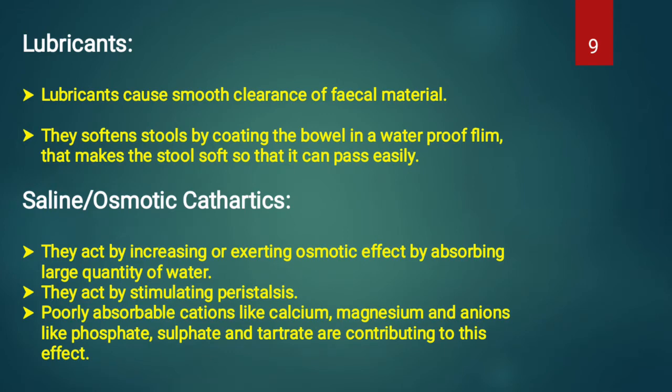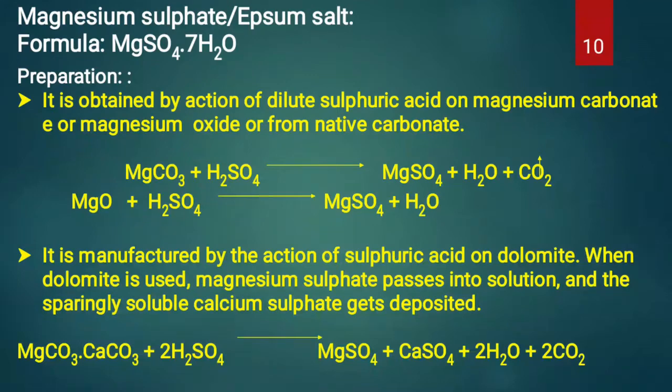They are basically poorly absorbable cations like calcium and magnesium, and anions like phosphate, sulfate, and tartrate. Magnesium sulfate, also known as Epsom salt, is an example of a cathartic. The formula for magnesium sulfate is MgSO4.7H2O. Preparation of magnesium sulfate.